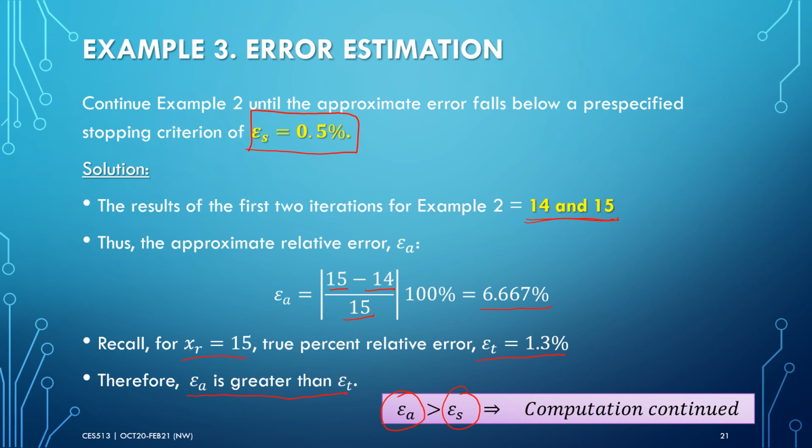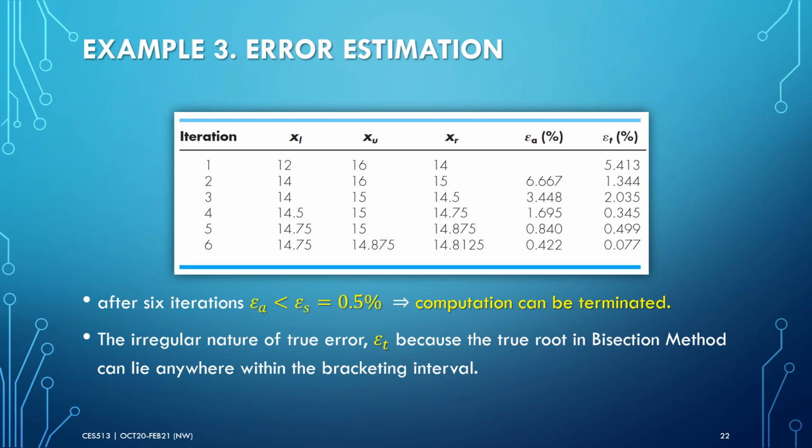Thus, you need to continue the computation. From the table of iteration results here, we can see that after 6 iterations, the approximate relative error finally falls below 0.5%, and so the computation can be terminated.